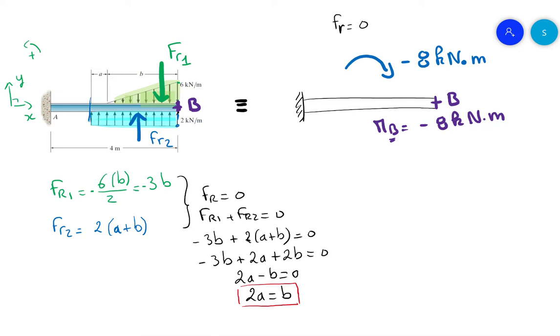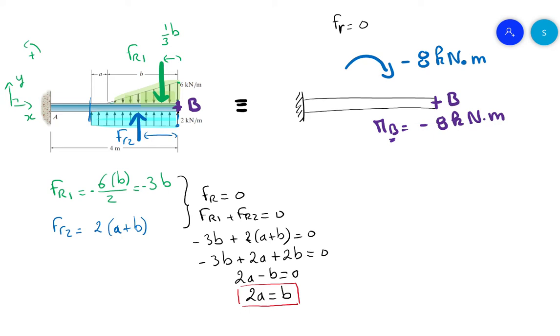So now let's work on the left side. From B, the distance of the force FR1 is 1/3 of the total length of the triangle, so 1/3 of B. For FR2, the distance is half of the total length of the rectangle.